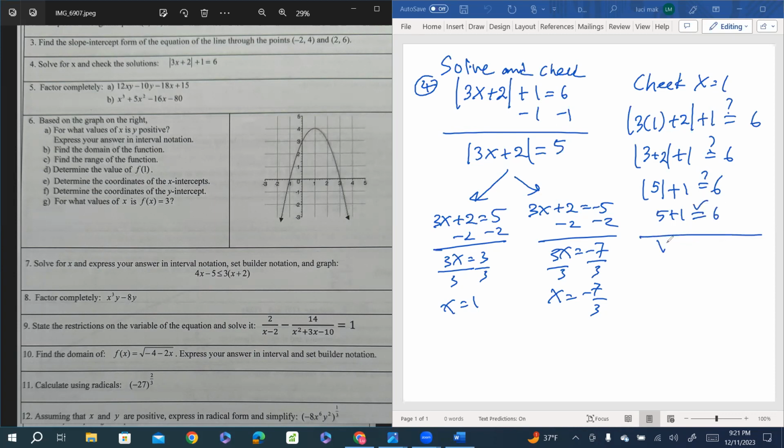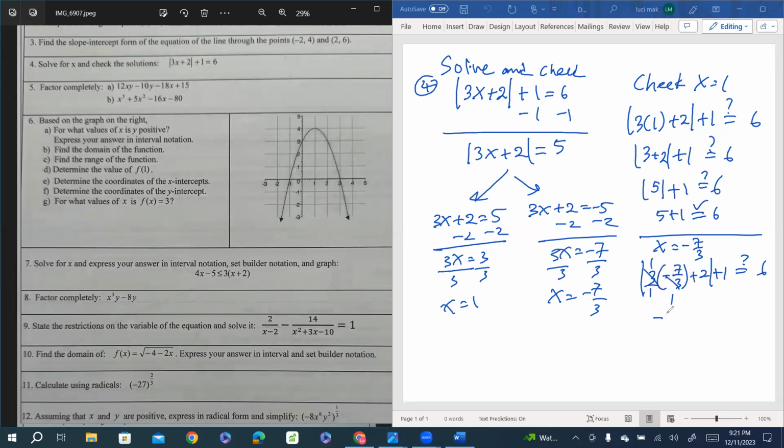So let's check with x equals negative 7 over 3. Let's try it. The absolute value of 3 times negative 7 over 3 plus 2, close the absolute value, plus 1. Is that really 6? So 3 is 3 over 1. 3 over 1 times negative 7 over 3, the 3 reduces.